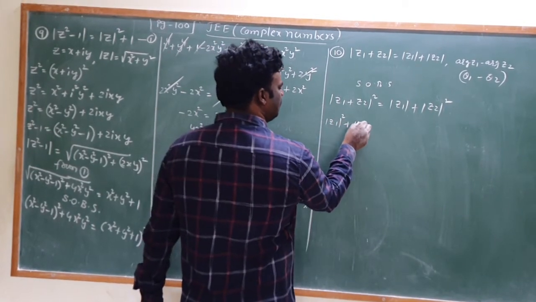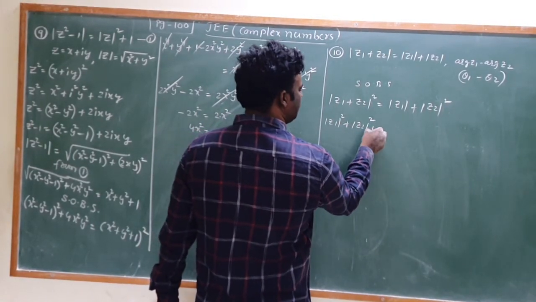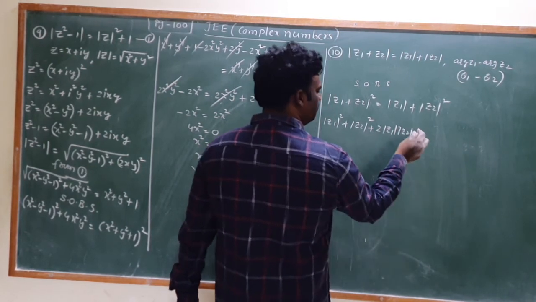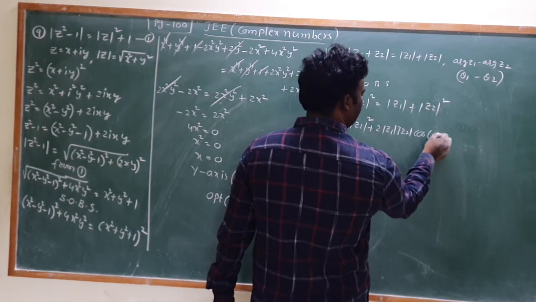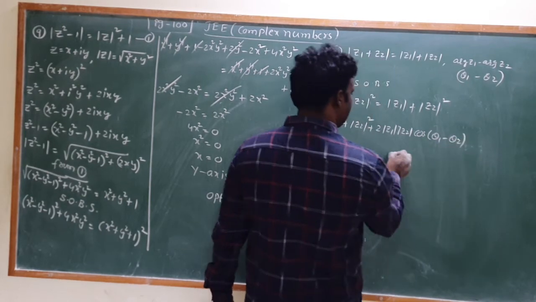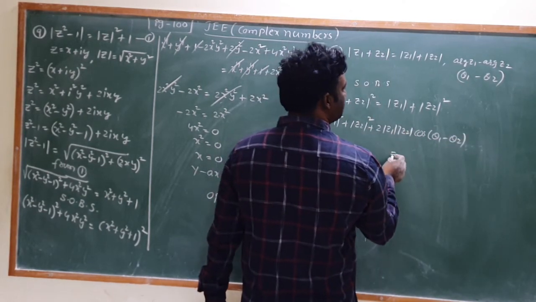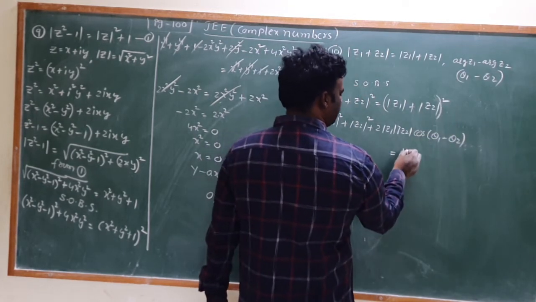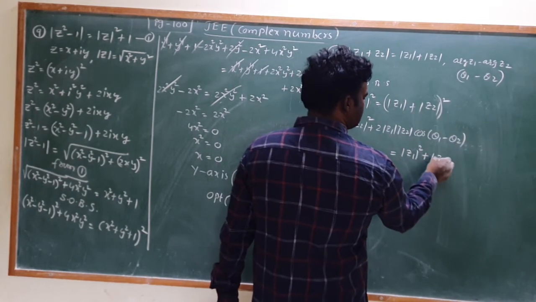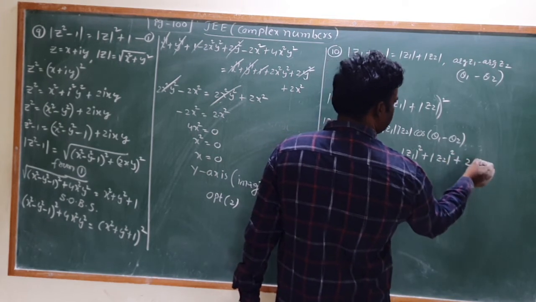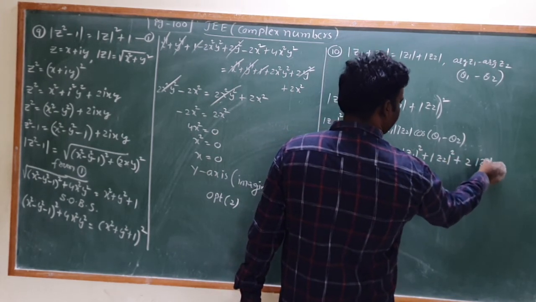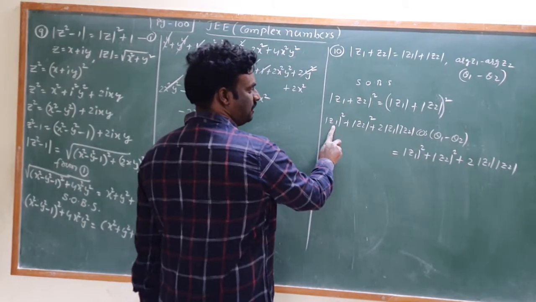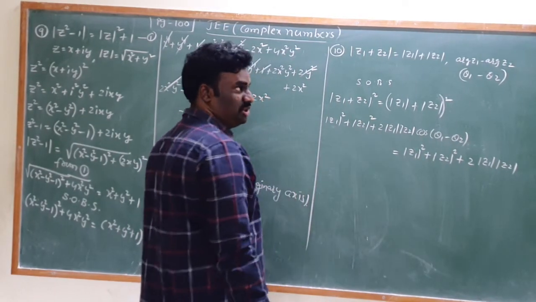Mod z1 square plus mod z2 square plus 2 into mod z1 mod z2 into cos of theta 1 minus theta 2. Here what is the formula for this one? A plus b whole square, a square plus b square plus 2ab. It is the formula z1 square plus z2 square plus 2 z1 z2 into cos.